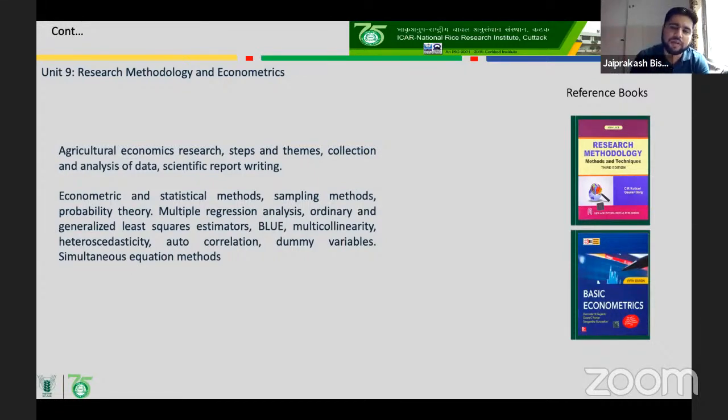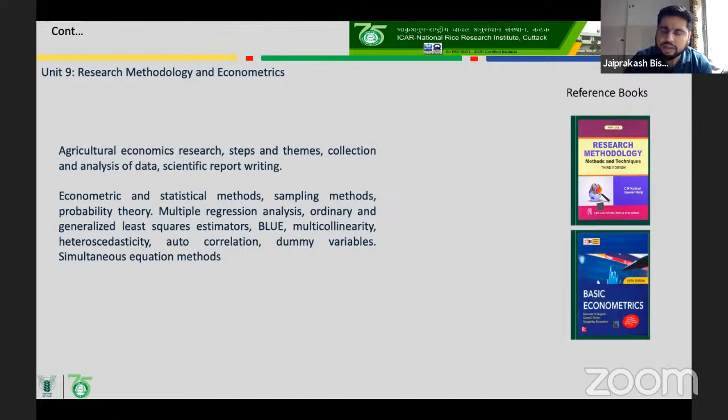You follow this Basic Econometrics by Gujarati. This book is also available online on Flipkart or Amazon, and the examples given in this book are wonderful. And the soft copy of this book is also available on Google, I think. So you can practice the examples given in this book by doing them in your Excel sheet or on your computer.